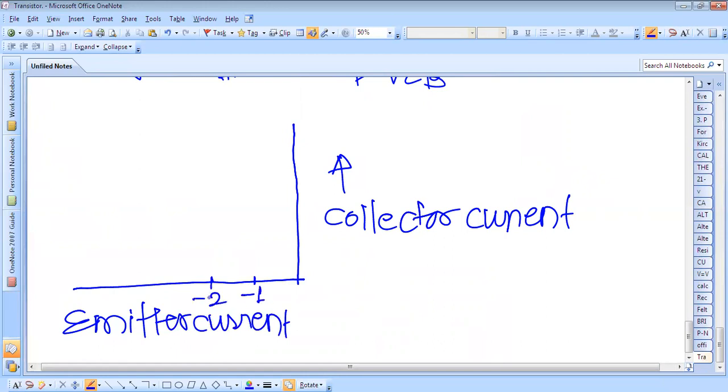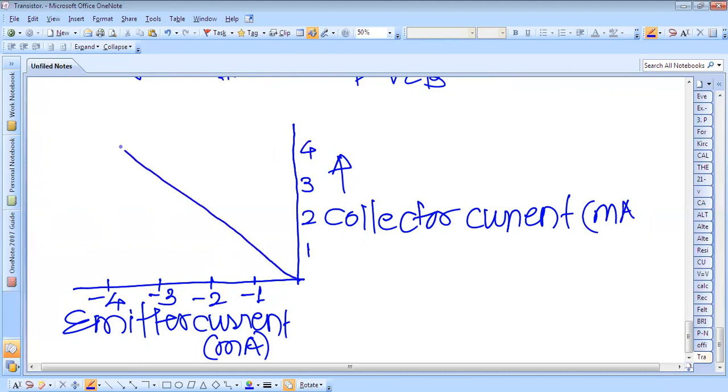We have also taken minus 2, minus 3, minus 4 milliampere. This emitter current is in milliampere and collector current is also in milliampere. If you plot these readings, we get linear characteristics. So the collector current is practically proportional to the emitter current.